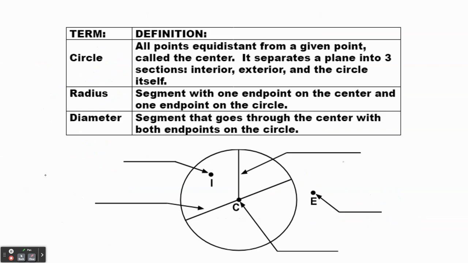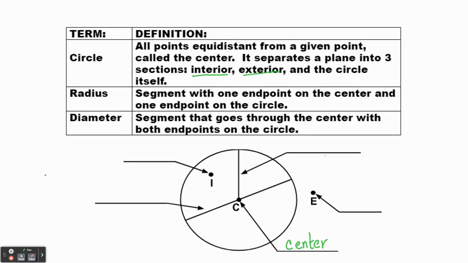Next, let's turn our attention to circles here. By definition, a circle is all the points that are equidistant from a given point called the center. In our drawing here, C is the center of the circle. Then we have points that are inside the circle. We call those interior points. We have points that are outside the circle.